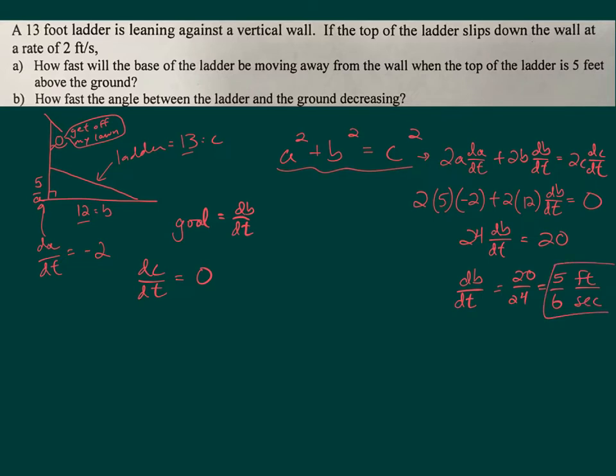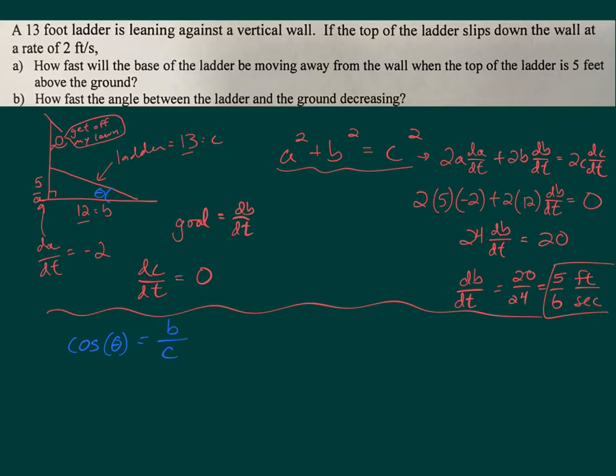Part B deals with the angle that is formed between the ground and the ladder. So this angle right here, theta. And what we can say here is that the cosine of theta would be what you get when you divide B, the adjacent side, by C, the hypotenuse.